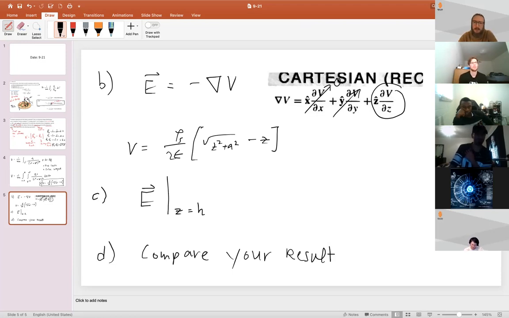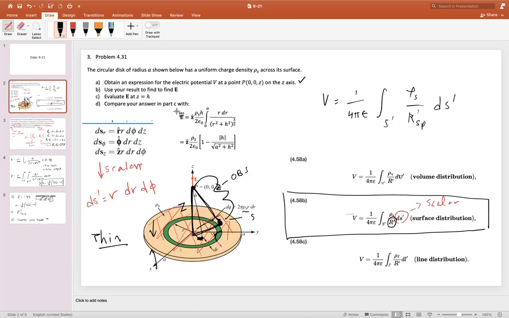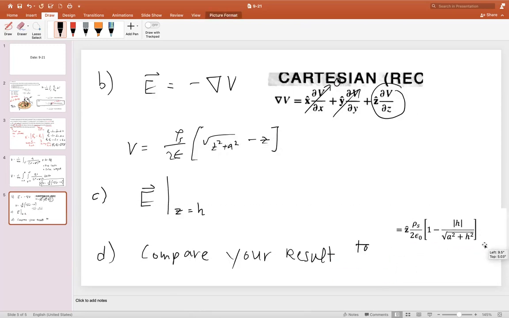And you should compare your result to this. And you should also compare your result to the one that I put up on the Moodle page, which was this one.